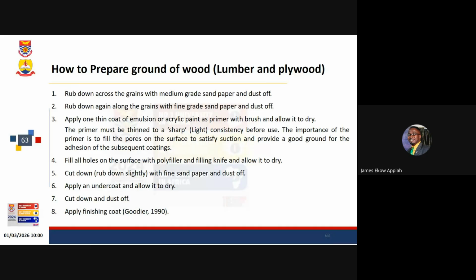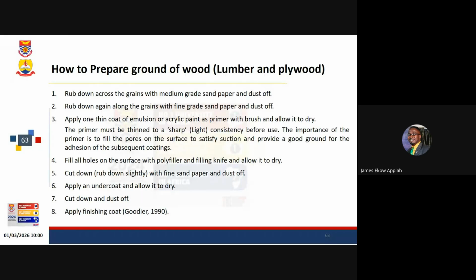When you sandpaper in the direction of the grain, it means you are sandpapering along the grain. If the grain goes vertical and you also sandpaper vertical, you have sandpapered along the grain. However, if it goes vertical and you sandpaper horizontal, you have sandpapered across the grain. It's very simple.